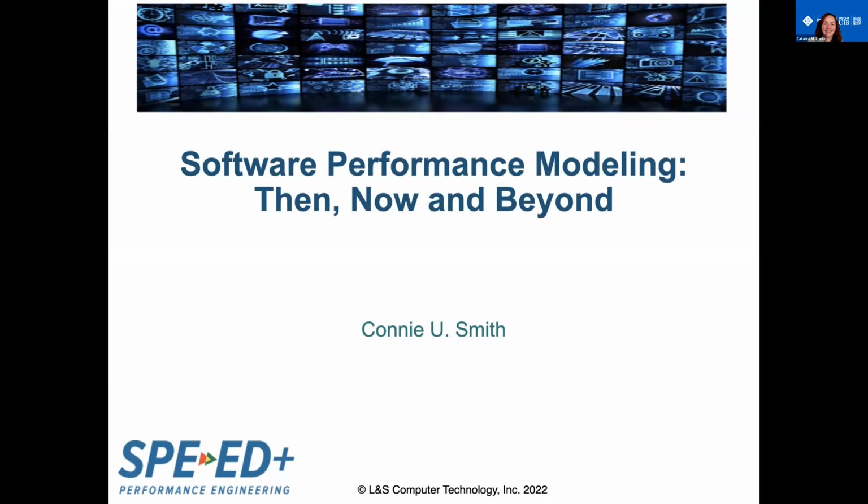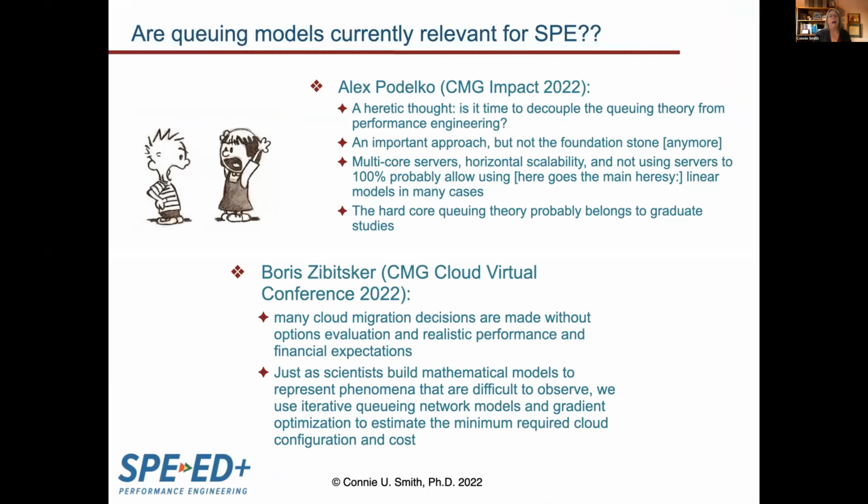So what I wanted to talk about today is a little bit lighter. It's not so technical. It's about software performance modeling in the past, now, and what it's likely to be in the future, or some considerations for the future. It was inspired by a recent talk that Alex Podeko gave at CMG Impact 2022. What he says is that maybe it's time to decouple queuing theory from software performance engineering.